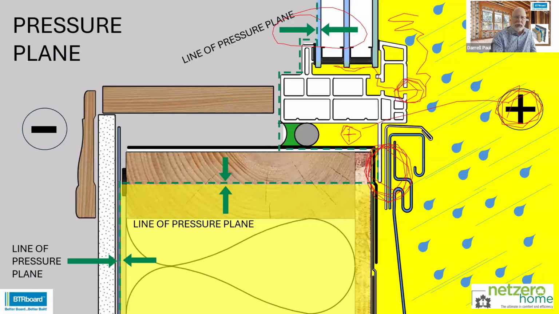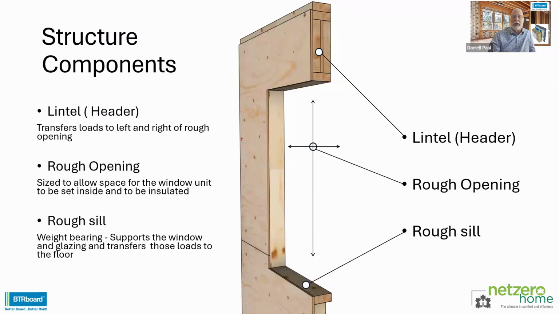But in the meantime, if we do get moisture into the rough opening cavity, it's sitting on a protective water-resistant sill pan. So this is the important part when we're putting a window in, is making sure that the water that gets in has somewhere to sit safely until it can drain back outside. And that's the problem with older windows and older installations, is a lot of times that water was left to sit there and it had nowhere to go.